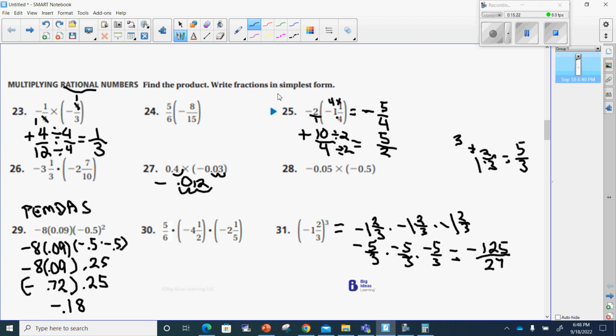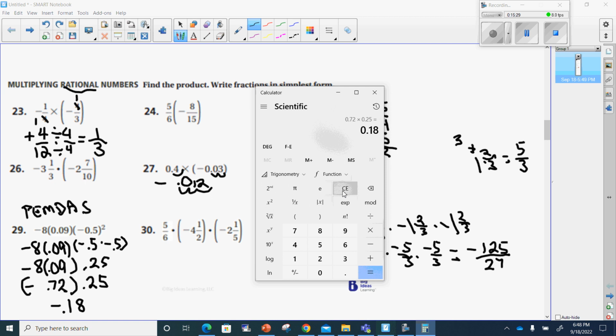But remember, it says put it in simplest form. So I've got to go ahead and take 125 and divide it by 27. Oops, I'm going to put 25. 125 divided by 27.